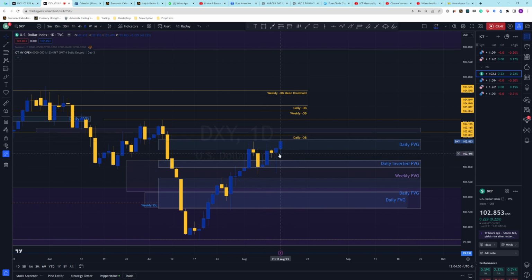Price is heading towards this other block now, and price used this daily inverted fair value gap as a bounce to keep going higher. So I strongly believe that next week is going to see price expanding to the upside on DXY. That means we're expecting price to expand on the downside on Euro and GU.